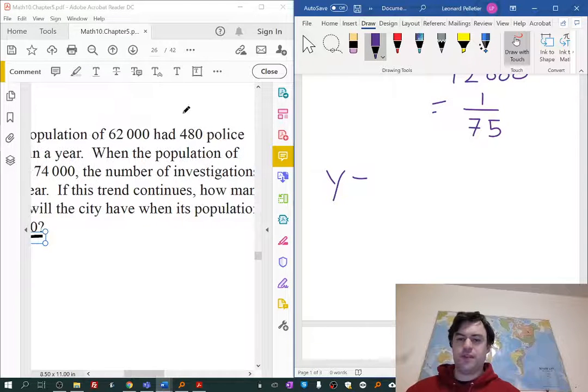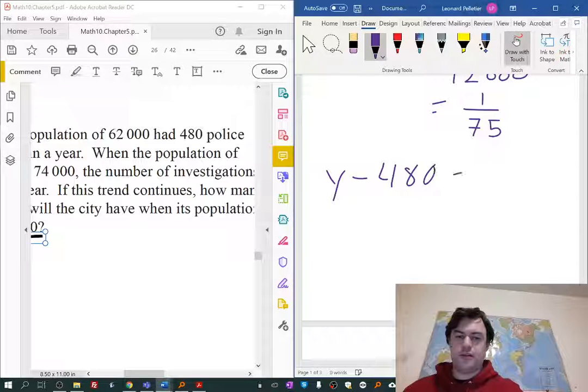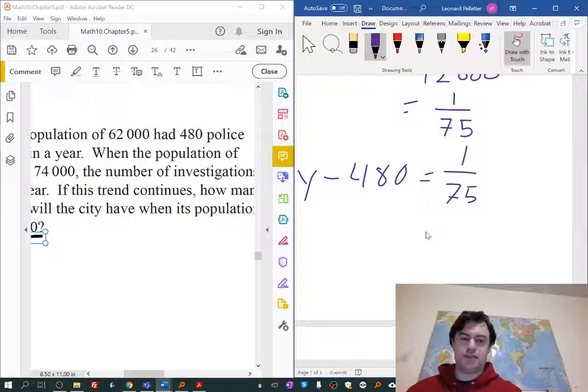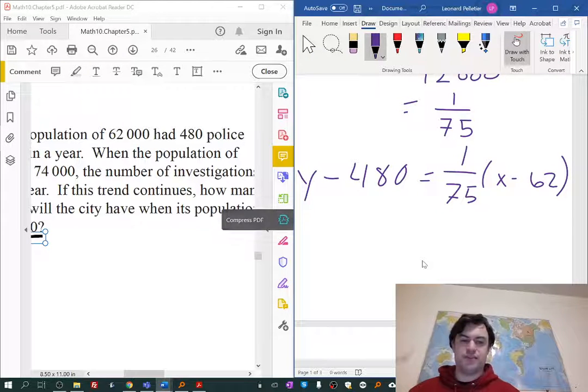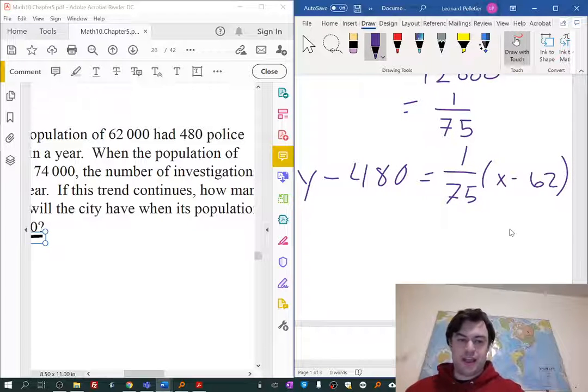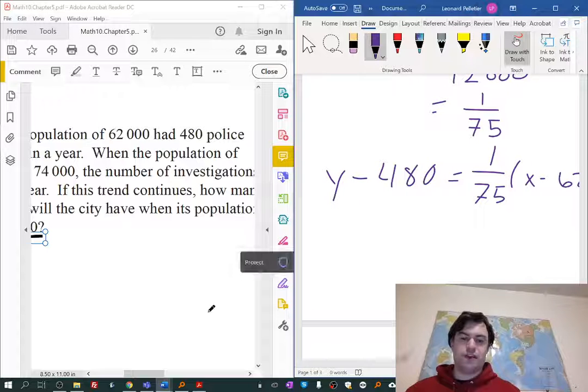Maybe I'll choose the smaller one, 480, equals the slope, 1 over 75, times x minus, and this is the big one, the population one, so it'll be 62,000. I kind of ran out of space, so I'll fill that out in a bit. I'll put a k here just to make sure we know it's a big number. Okay, so I'll keep on going.